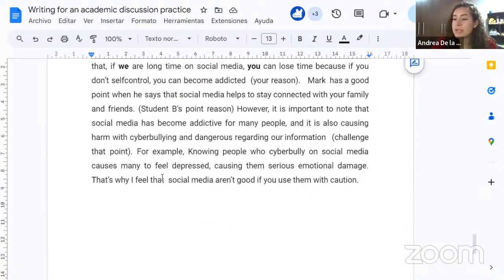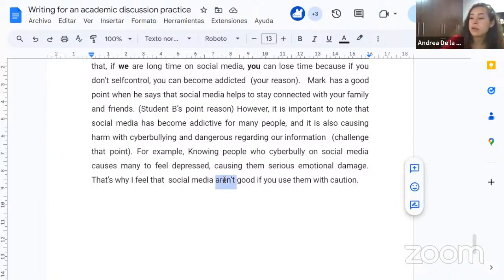So you would have to say, that's why I feel that social media is very damaging for people or for society. Because your point of view, your opinion, is that social media is not good. Careful with the grammar as well. Social media is singular, so it will have to be is.